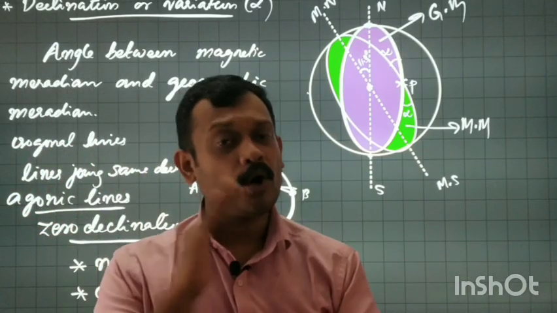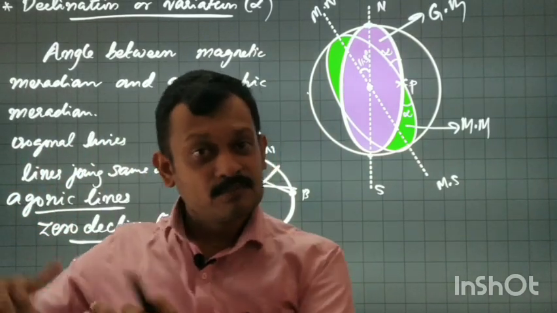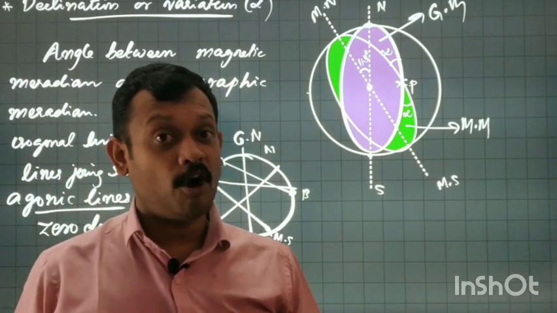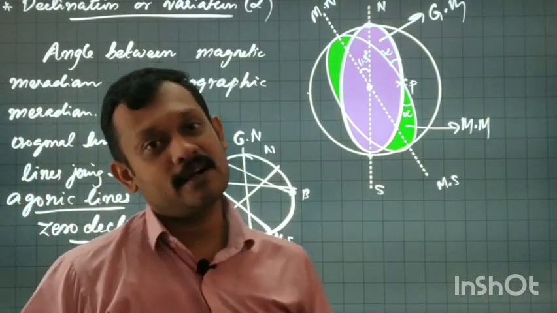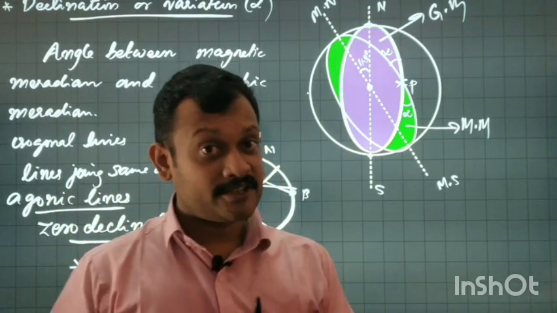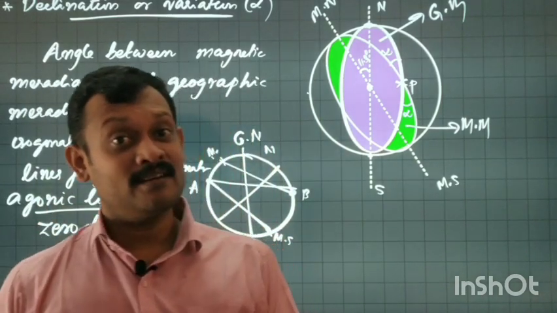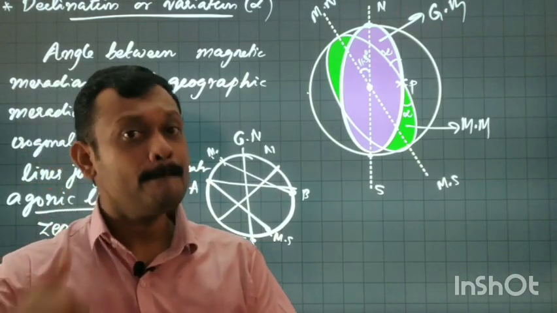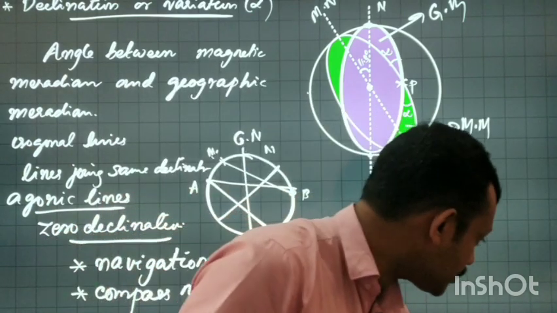It is very important from the board exam point of view, as many portions from this chapter are removed. There is a lot of possibility of questions based on this portion. So declination is the angle between the geographic meridian and the magnetic meridian. It will vary from place to place.